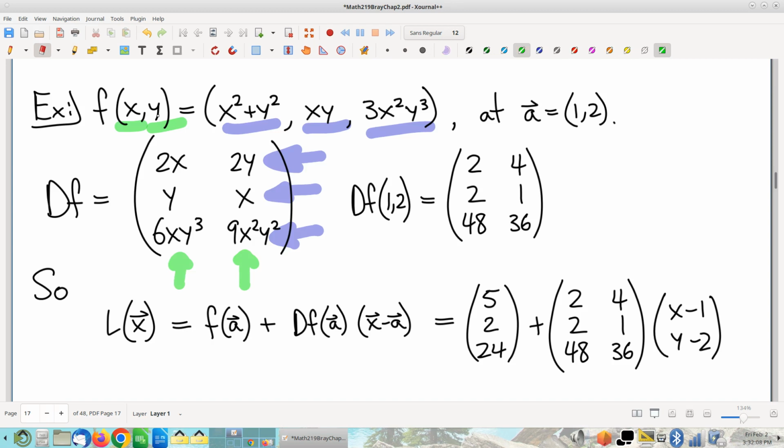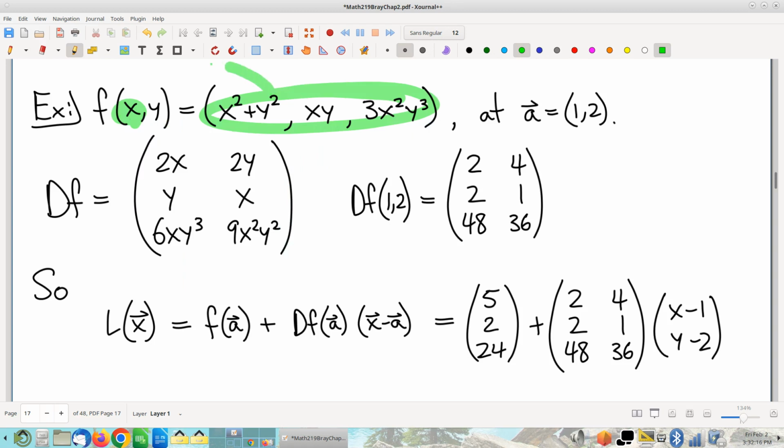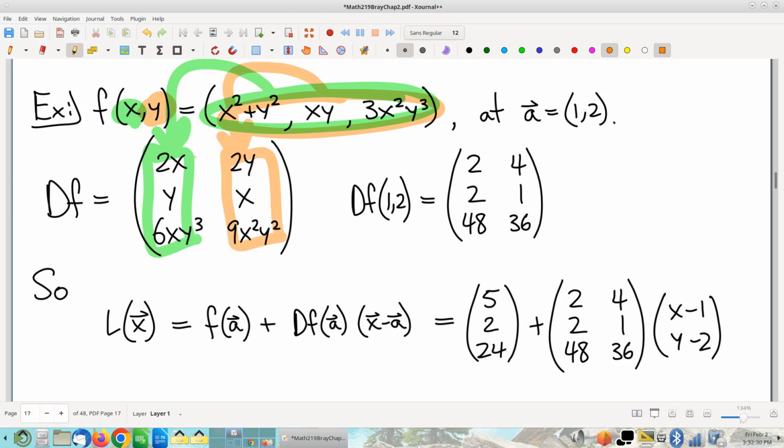So, for example, the x partials of those 3 functions are all there. And the y partials of these 3 functions are all there. Is that cool?